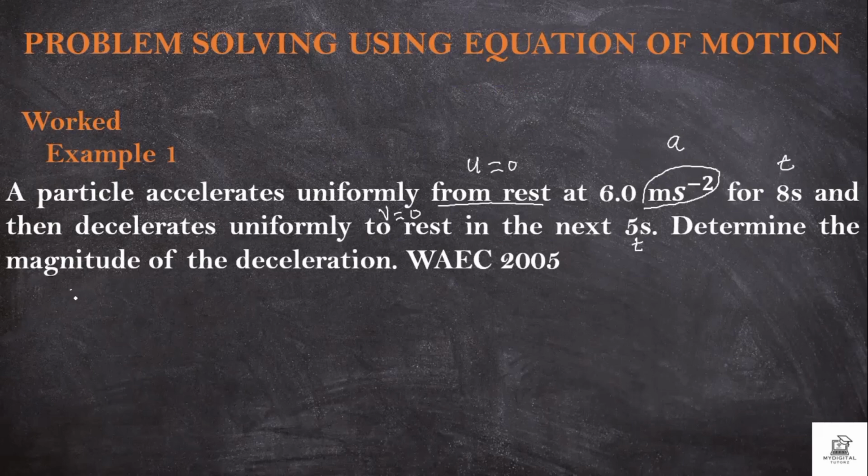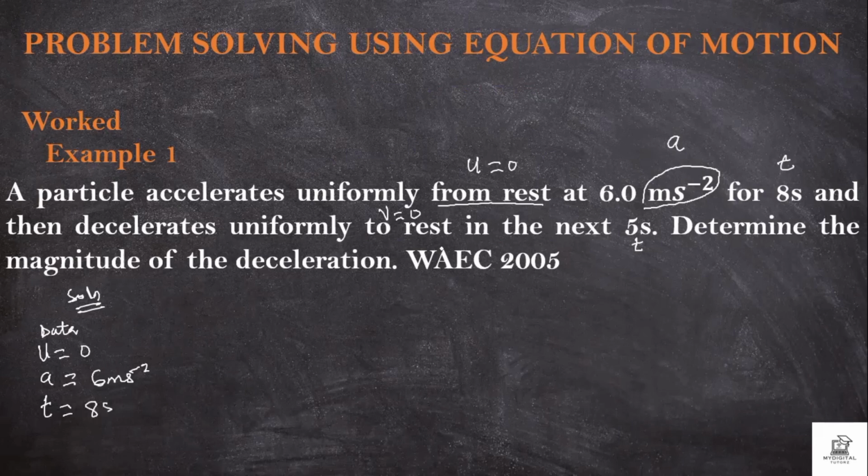So, solution. We have the following data: the initial velocity, from the sentence, is equal to 0. At 6 meters per second squared, that shows that a is equal to 6 meters per second squared. For 8 seconds, that is time, t is equal to 8 seconds.